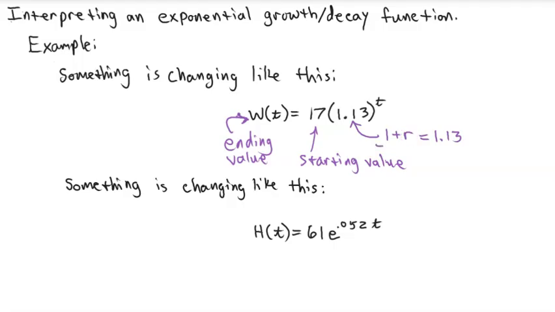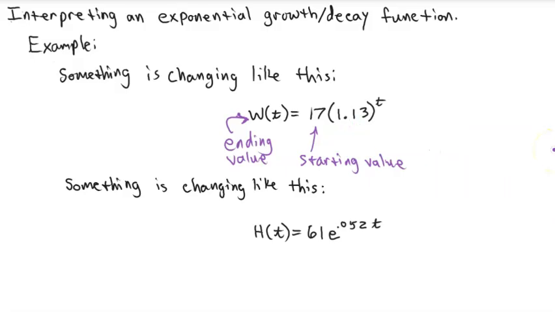The way we do that is we subtract 1 from both sides, and in this case we get r is equal to 0.13, okay? And if we want to turn that into a percentage, we take our 0.13 and multiply it by 100, and we get 13%, okay? There's a faster way to do this, and I'm going to show you that now.